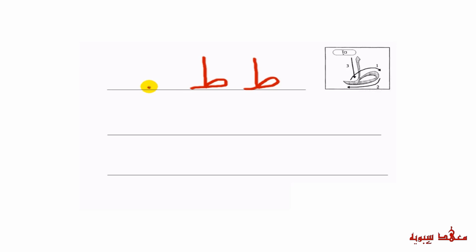Once again. In the beginning of a word, it's quite straightforward. You go around, come around, and then the line. And this connects to the next letter. With the medial form, it comes around.